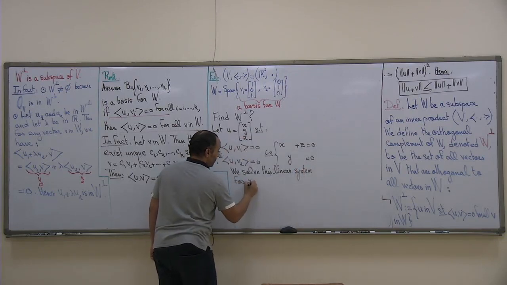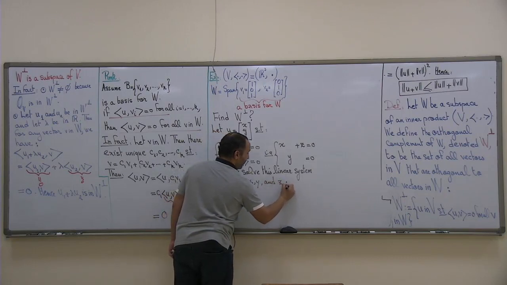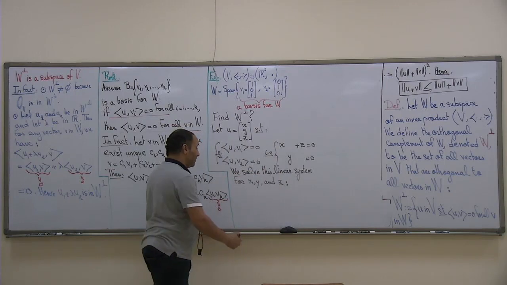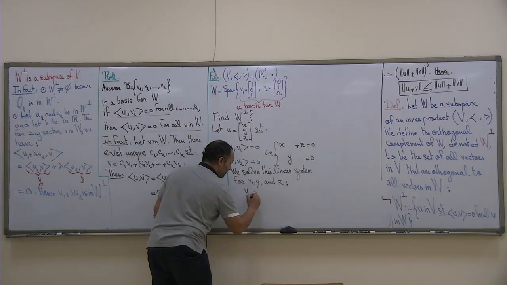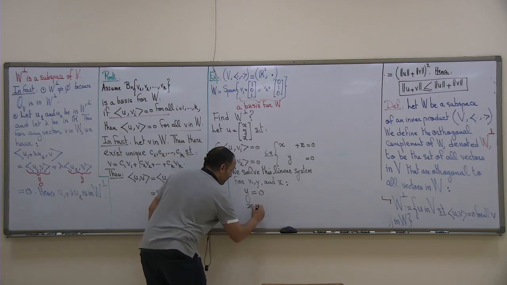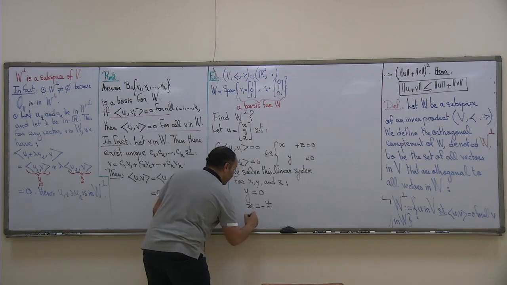Well, it's very clear here. Equation 2 gives Y equal to 0. Equation 1 gives X equal to minus Z. I have no restriction on Z. Z is free.